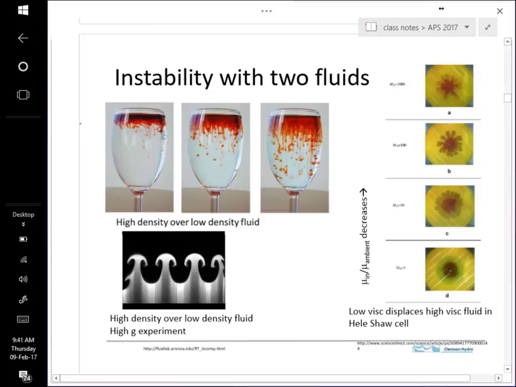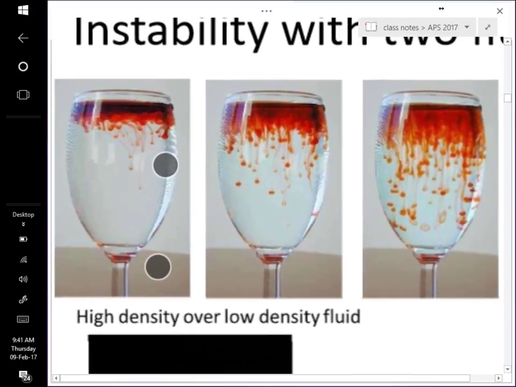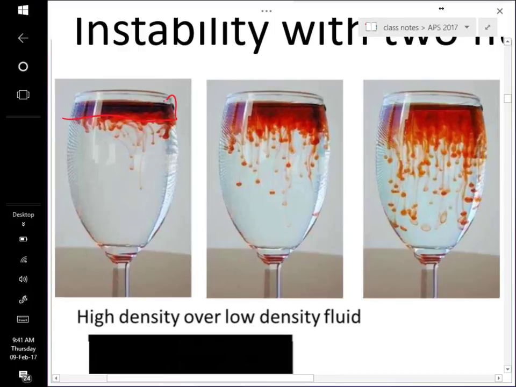But in this case, a dense fluid is introduced over top of a light fluid, and in that case, that's unstable. The dense fluid wants to be on the bottom. And so this problem is basically looking at how does the dense fluid go from up here on the top to down here on the bottom. And what happens is it forms this really interesting pattern.